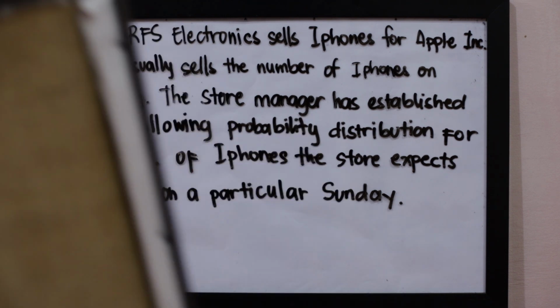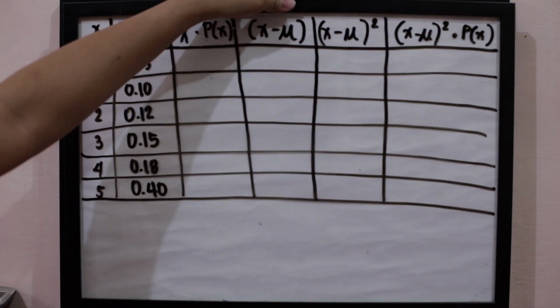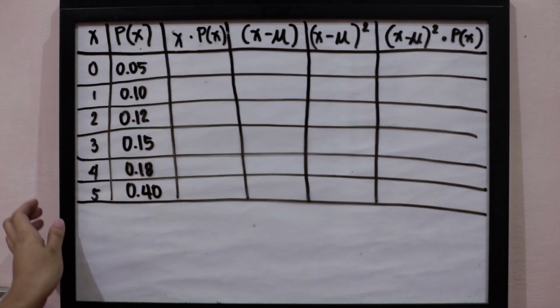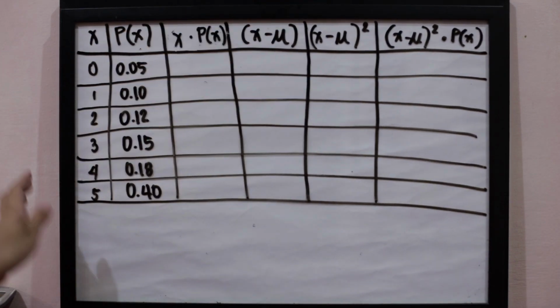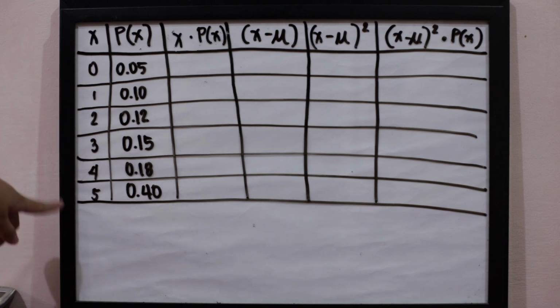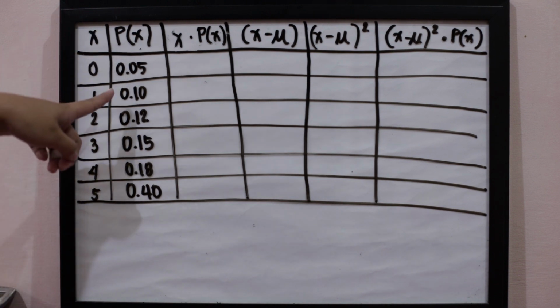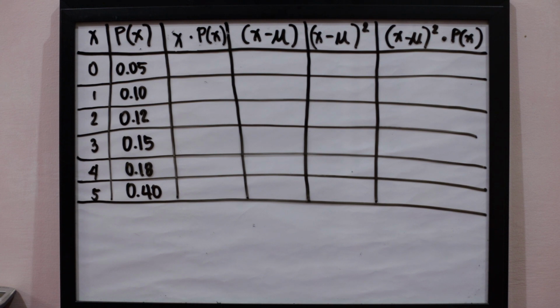This will be the probability distribution for the problem a while ago. Now, let's say these are the given values for x, 0 to 5, and the probabilities are these. Let's say we're asked to find the mean and the standard deviation for this given problem.